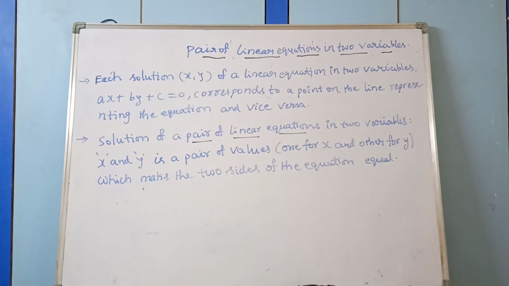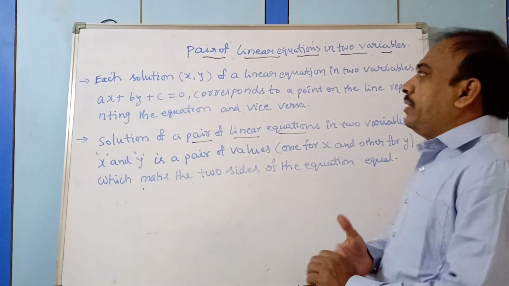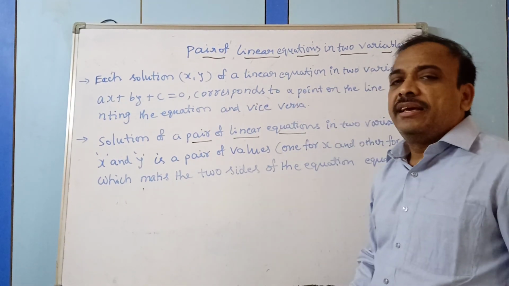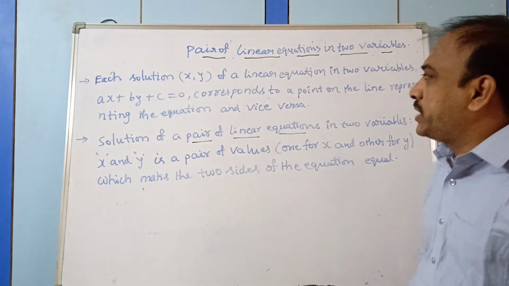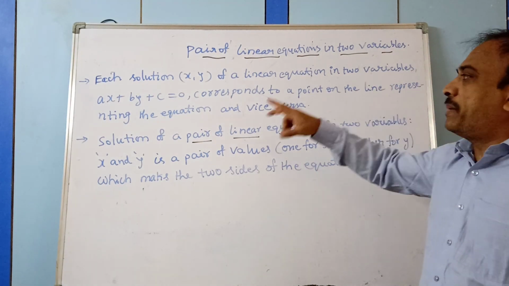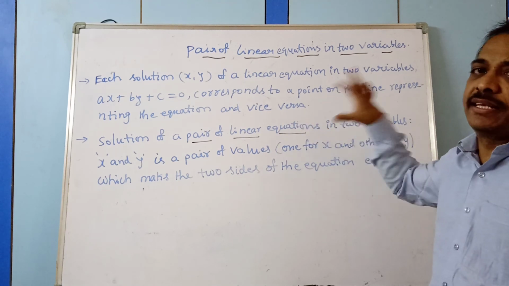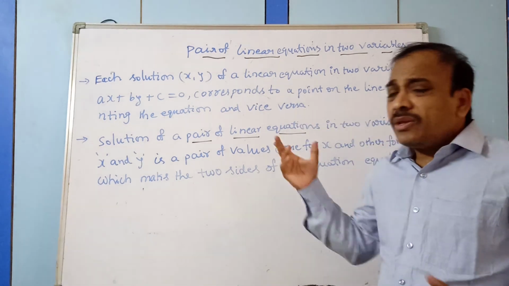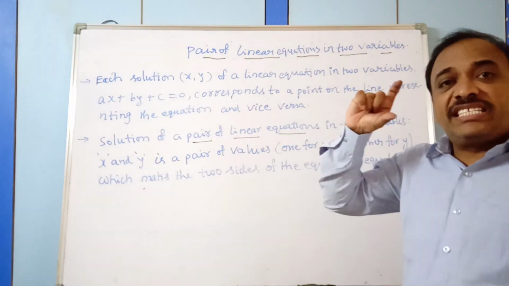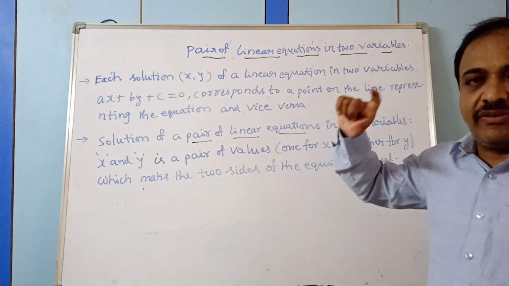Now, each solution x comma y of a linear equation in two variables ax plus by plus c equal to 0 corresponds to a point on the line representing the equation, and vice versa. So what is the solution? It means the values which satisfy the given equation.